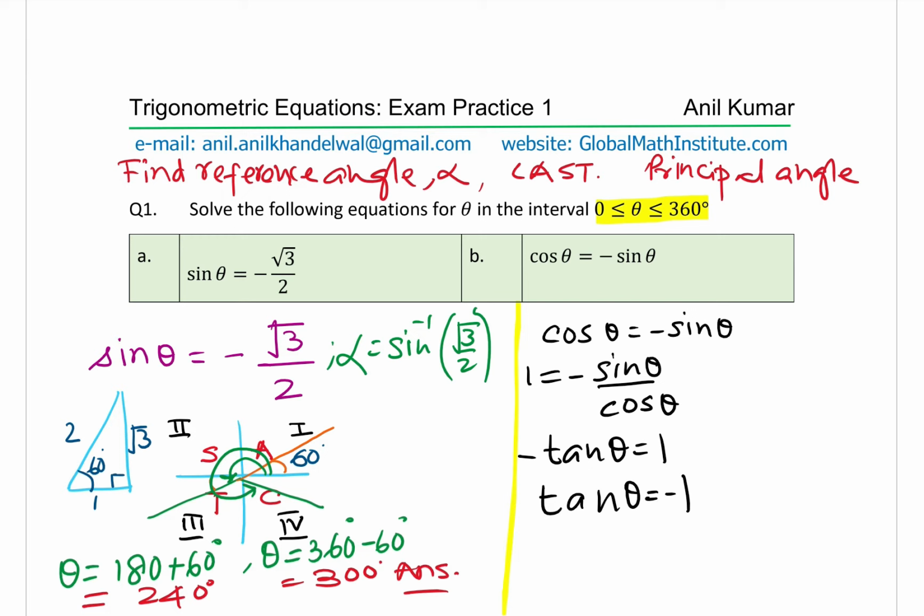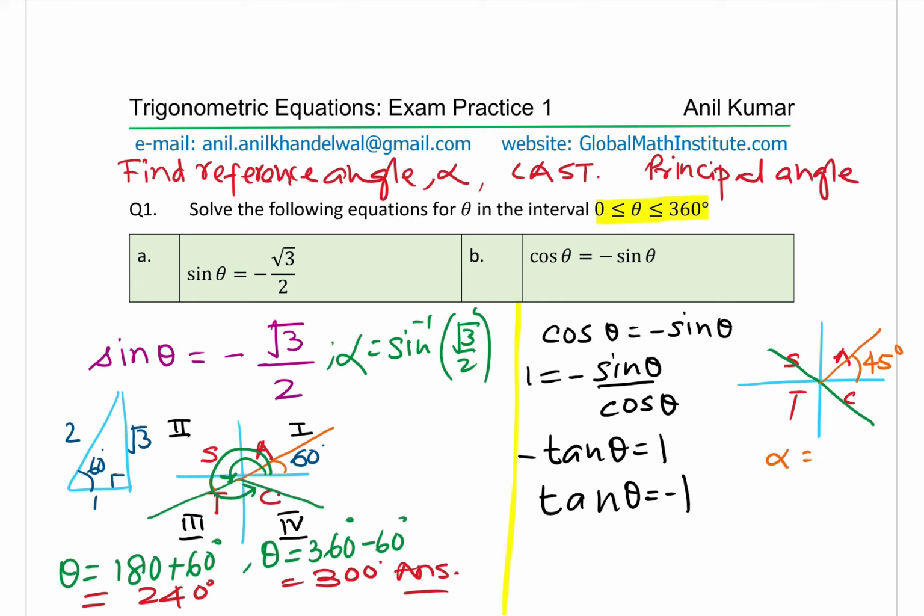Again, let's apply the same CAST rule and see what could be the solution. We are looking for a negative value of tan theta. That means it should be in quadrant 2 and 4. The acute angle will be found by looking into quadrant 1. For 1, the acute angle is 45 degrees, correct?